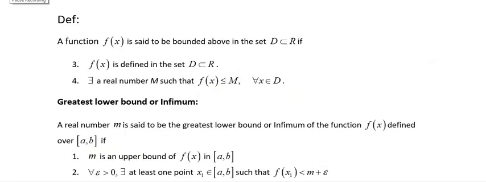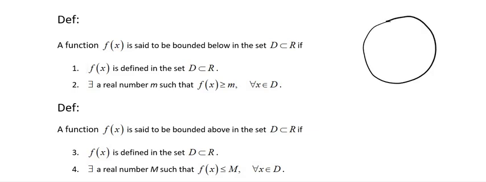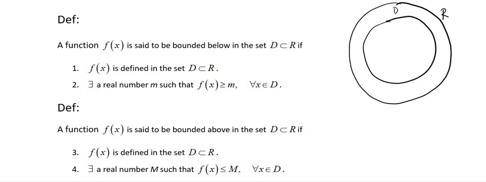Next definition is bounded below. A function f of x is said to be bounded below in the set D subset of R if f of x is defined in the set D subset of R. That means the value of f of x is finite in the points of D. So, D contains some real numbers.